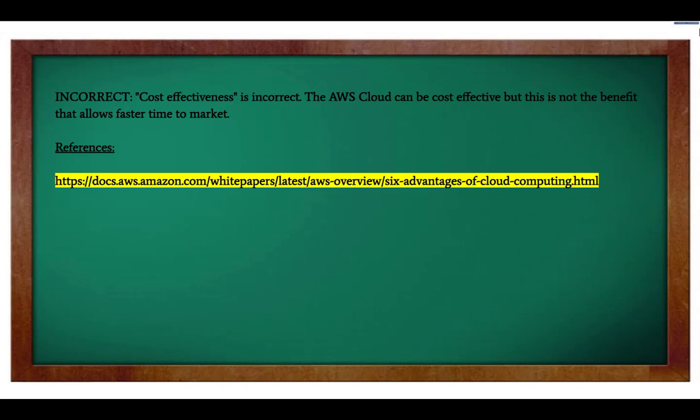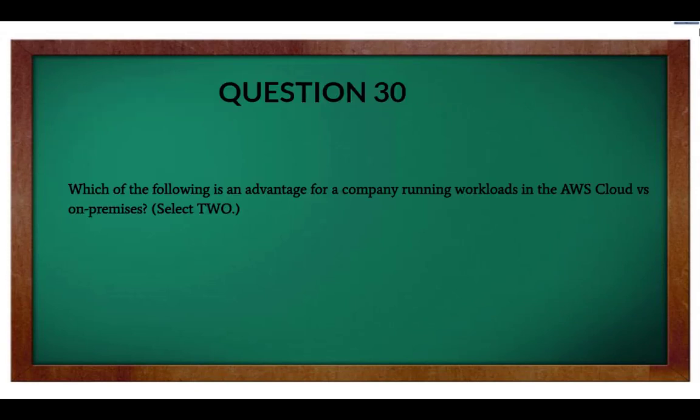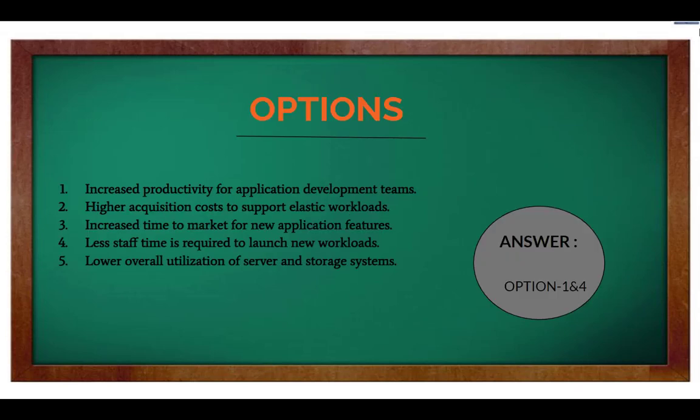Question 30. Which of the following is an advantage for a company running workloads in the AWS cloud versus on-premises? Select 2. Now here are the options. Option 1. Increased productivity for application development teams. Option 2. Higher acquisition costs to support elastic workloads.